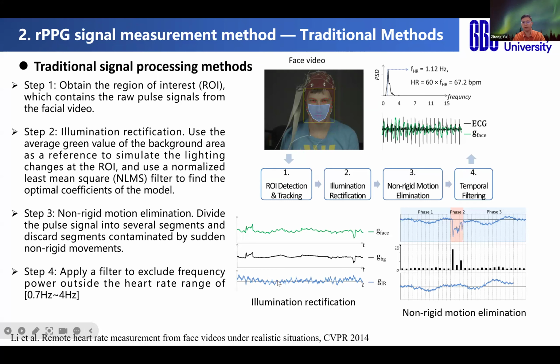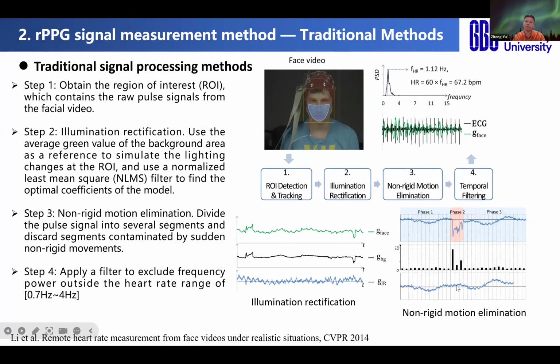So they can get a clear rPPG signal except for the background noise. After that, they select the most traversable clip without very sharp head motion.